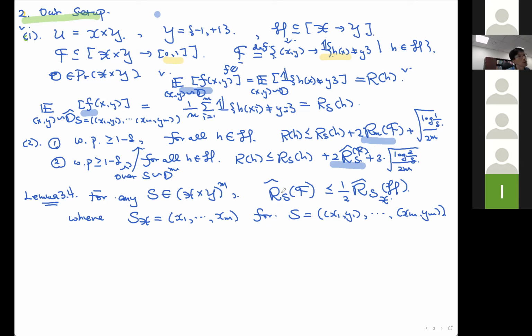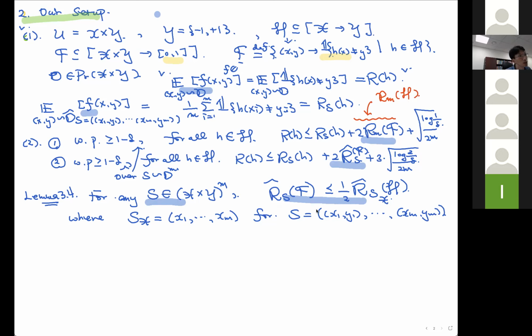So before proving this relationship, let's see what we can say. This relationship is just true all the time. It's not a probabilistic fact. For any S, that's true. Which means that if we use this fact, then we can replace 2 times Rm of F by Rm of H. Okay.